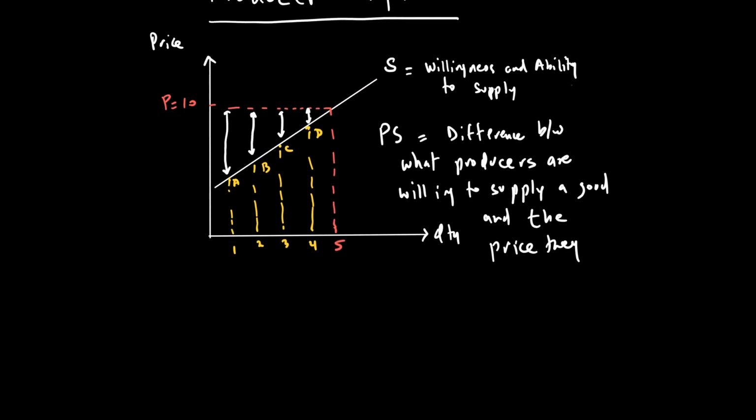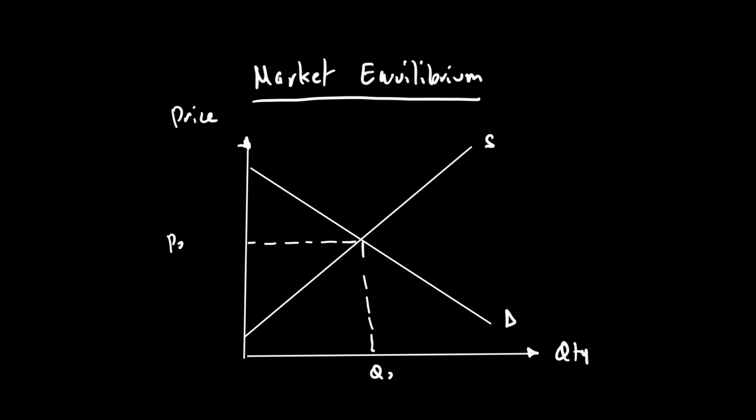So if I bring both the consumer surplus and producer surplus together and we look at the market equilibrium, let's draw the diagram for demand and supply. If this is our demand and supply, the area under the demand curve above the market price, P naught, will be my consumer surplus.